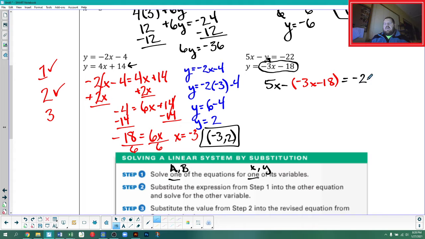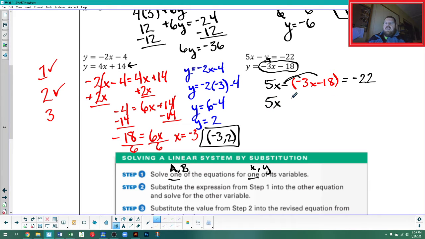It highlights what I'm doing. I do that for a reason: I have minus, which really means I have to distribute that negative, and if I don't put parentheses there, I'm going to forget to distribute. So we want to make sure that we do that.